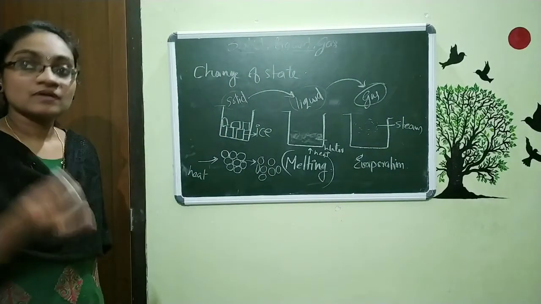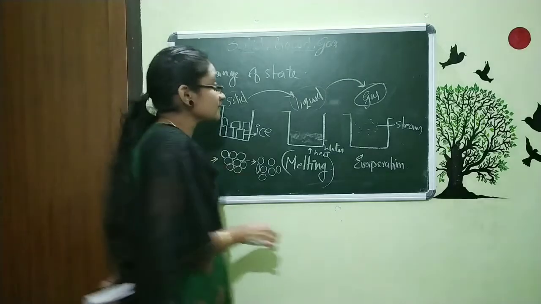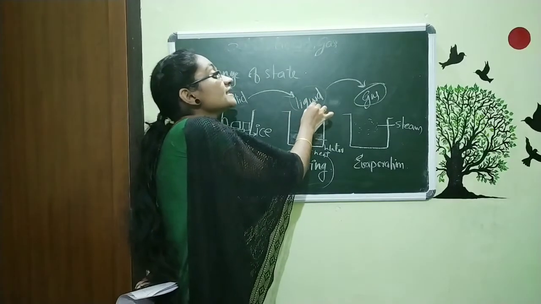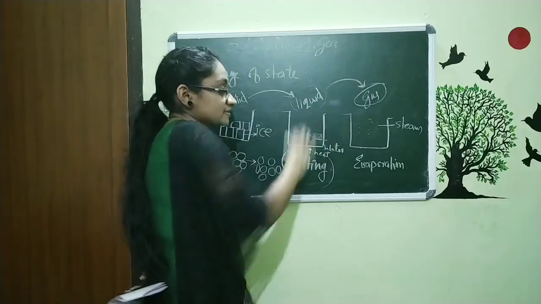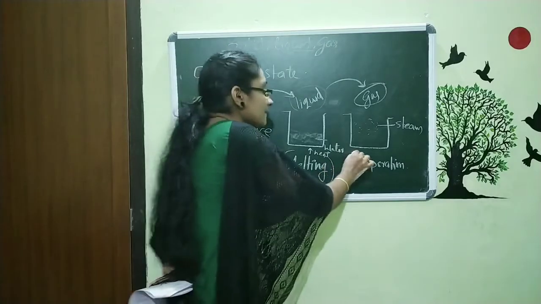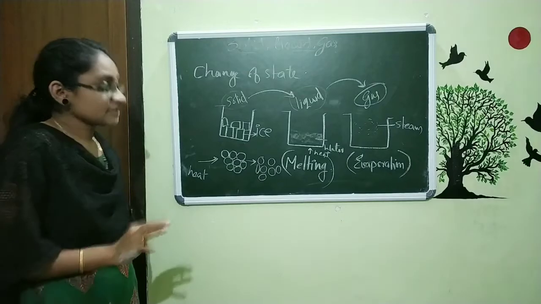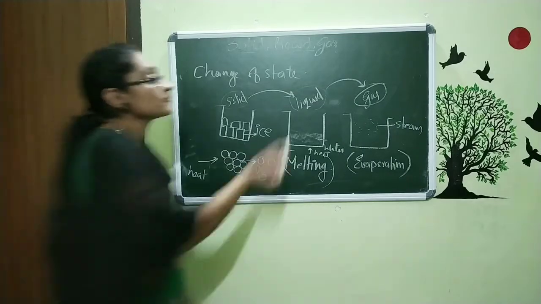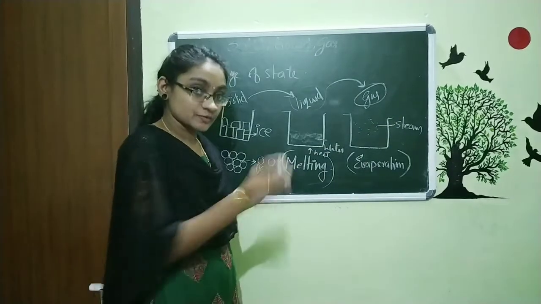Evaporation. So, what is evaporation? Evaporation is the process of conversion of a liquid substance to gaseous state with the help of heat. Evaporation is the process of conversion of a liquid state substance to gaseous state using heat.